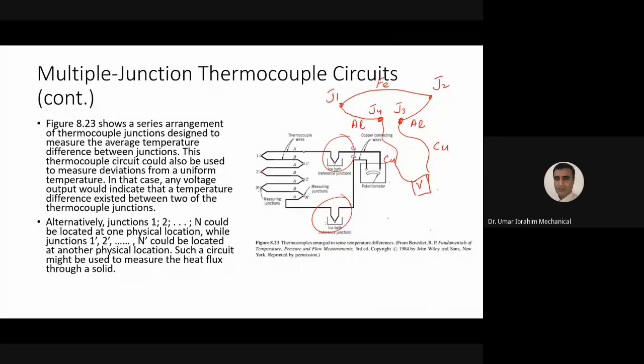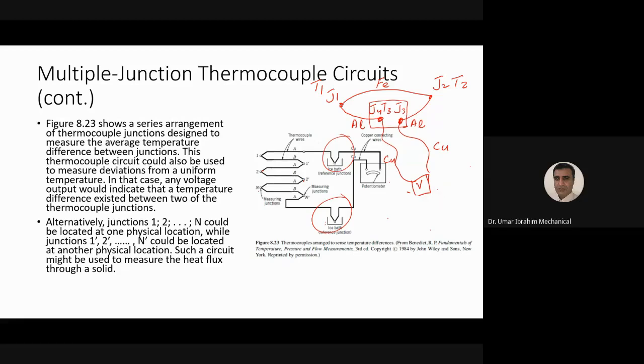Now that makes our problem confusing and complex, but we can make our problem simple by keeping these two junction temperature constant. Okay? Just keep these two junction temperature to be the same. So let's suppose if this is T1, this is T2, and these two are at T3. So junction 3 and junction 4 are both at T3.